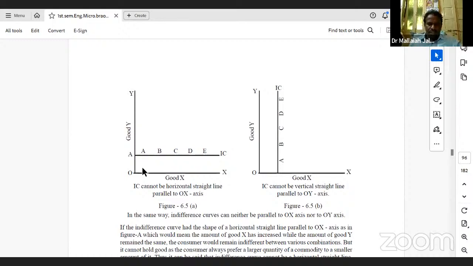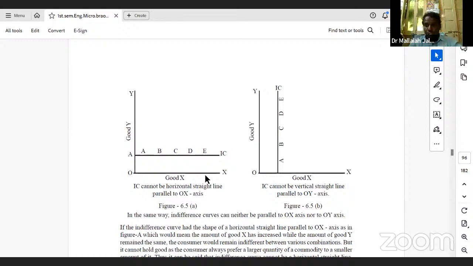From A to B, X is increasing; C, D, E, X is increasing.